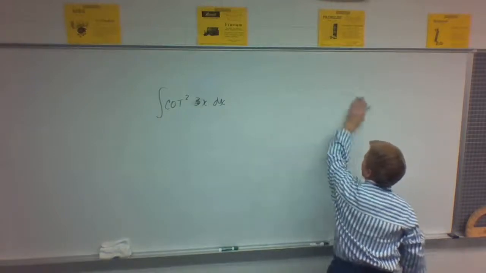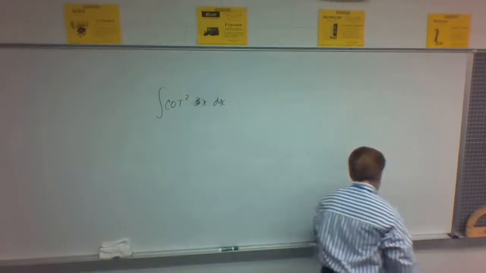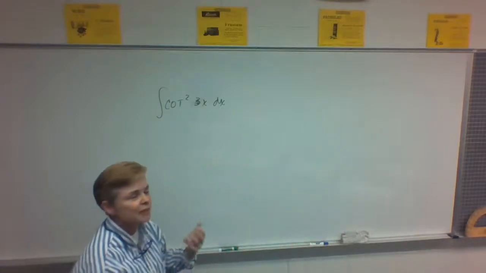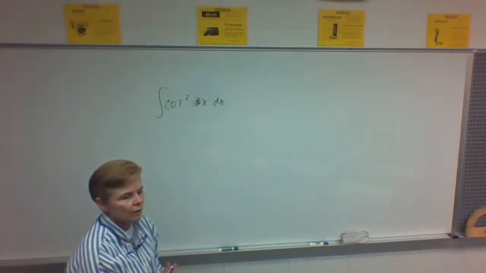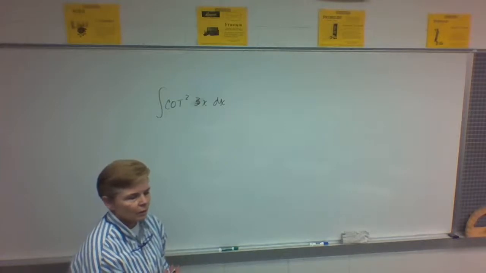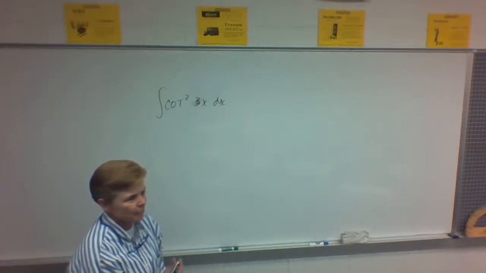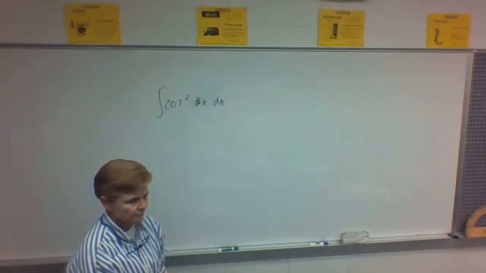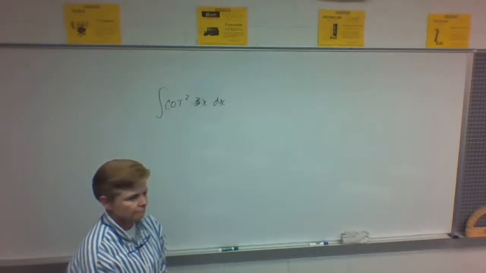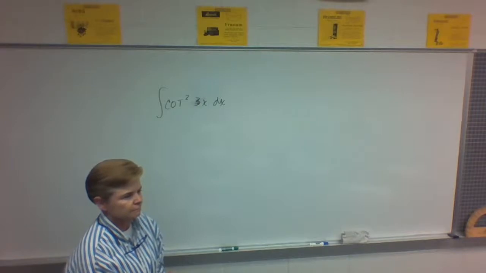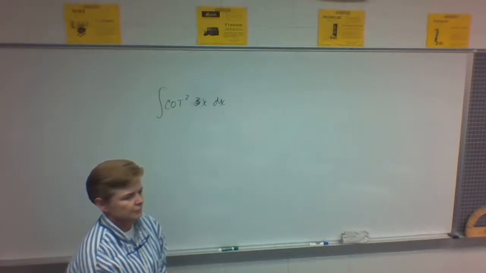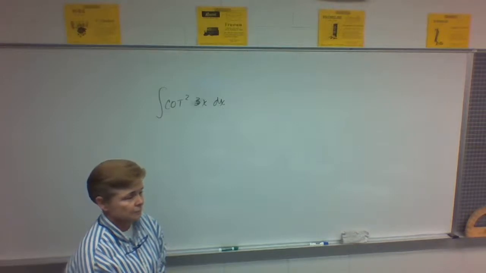Do you know of an identity someplace that we can rename cotangent squared? Let's look it up. 1 plus cotangent squared x equals cosecant squared x.